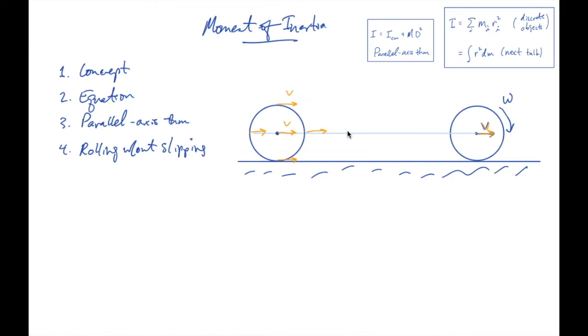Now let me draw another one so that we can add the motions together. So translating without rotating, plus here comes a wheel that is rotating without translating. So this is a wheel in purely rotational motion. It's rotating this way, but it's not translating at all. So the velocity on the rim of the wheel would look like this.